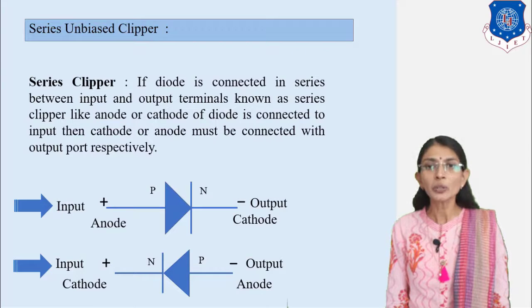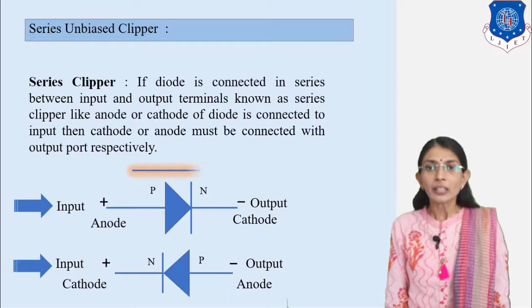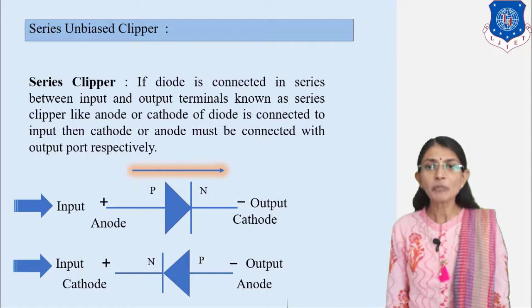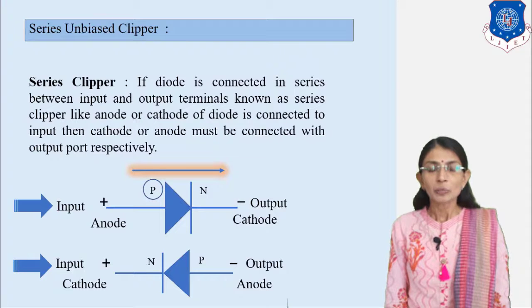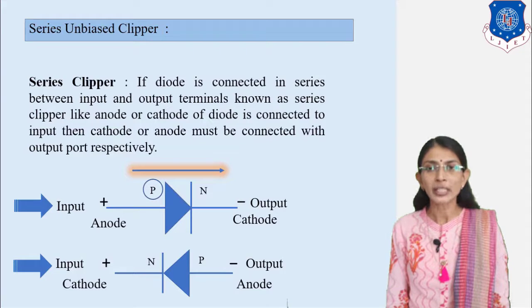But according to the rules, look at this. This is the first figure. If the P-type material of the diode is connected with the anode and the N-type terminal is connected with the cathode, then it is known as forward bias connection.